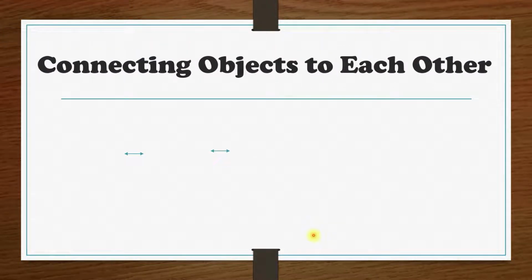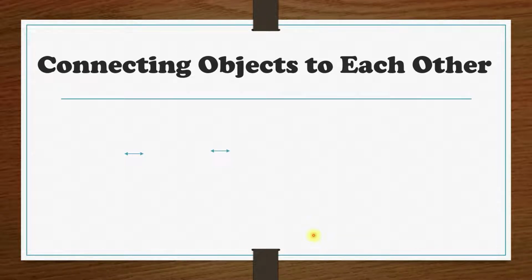for connecting objects to each other, we have an example. Look, as I told you before, our objects can be anything. It can be a web page, it can be an image, it can be a video, it can be another website, whatever you can imagine.